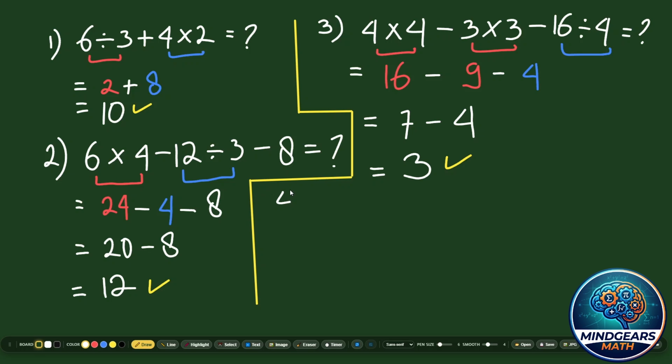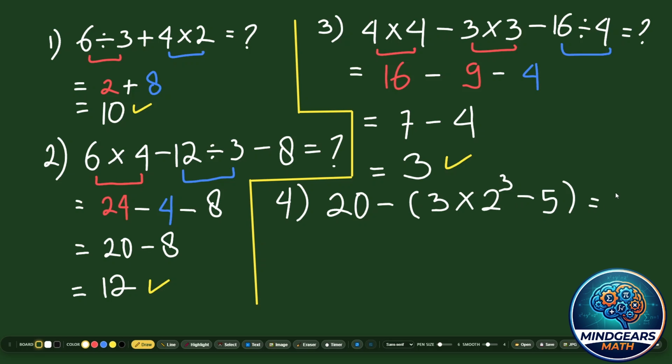Problem number 4. What is the value of 20 minus 3 times 2 to the power of 3 minus 5? 2 to the power of 3 equals 8.